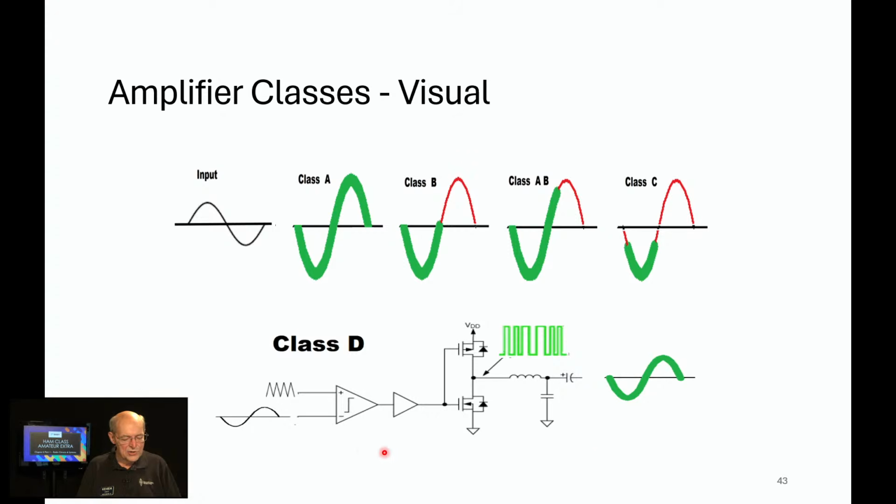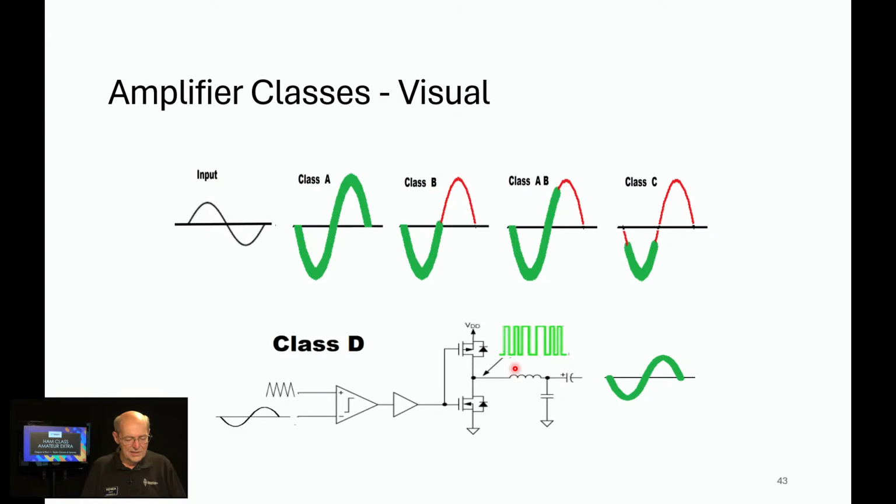Then Class D is shown down here. That's actually even more efficient. They're using something called pulse width modulation. This is a differential kind of circuit here. And then we've got a couple of field effect transistors, a P channel and an N channel.